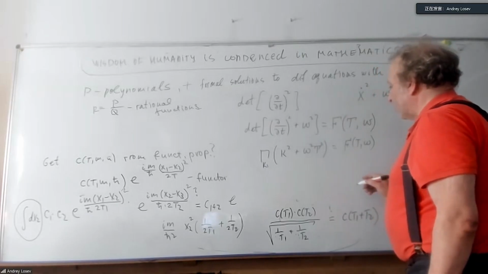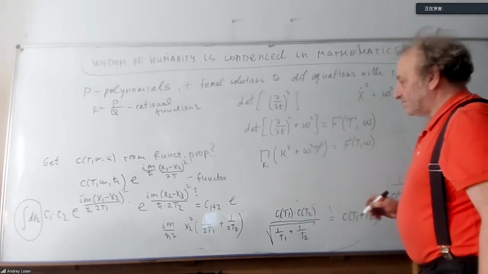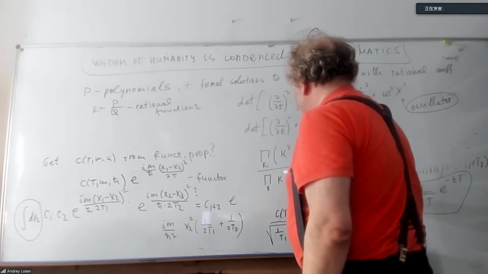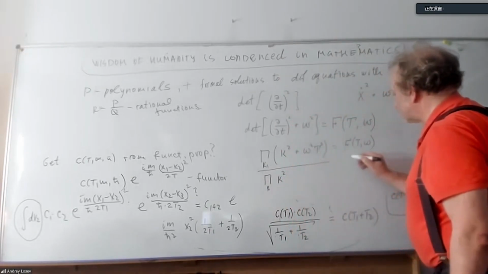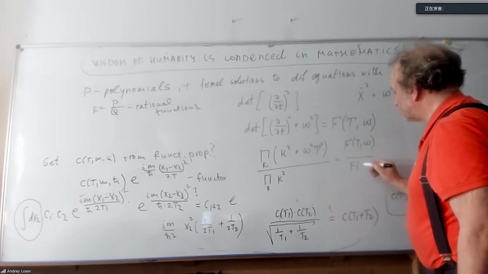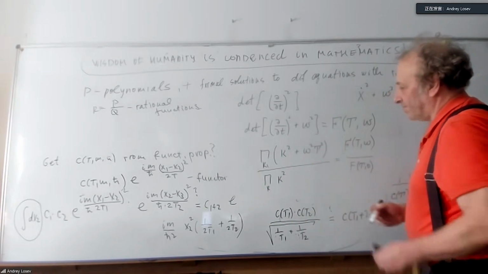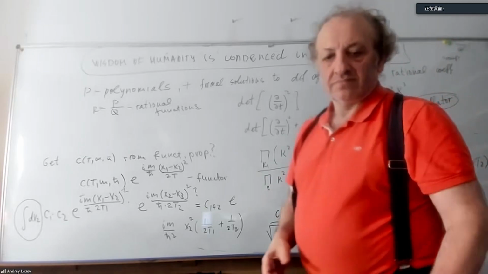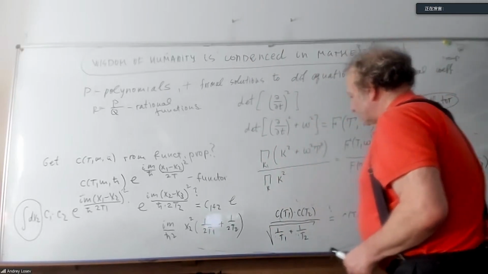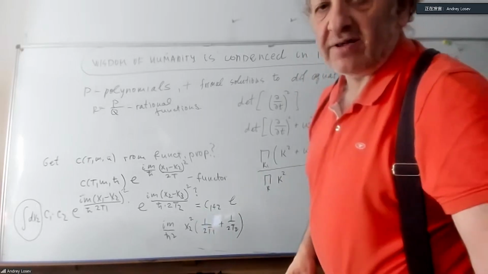But then what would happen if I divide f of t, omega by f of t0? It will be this. Now I have a chance.